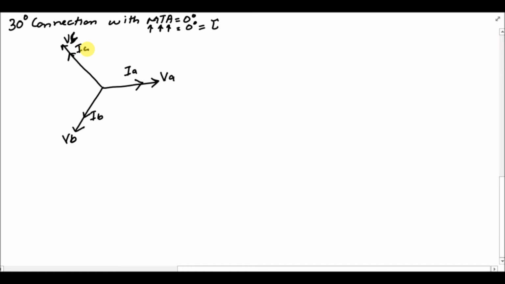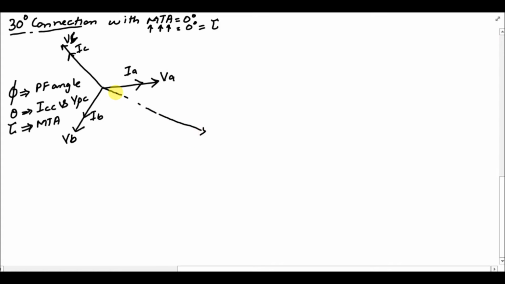For this lecture, I am going to call this phi the power factor angle. Theta is the angle between ICC and VPC, and tau is the maximum torque angle. Now if I am considering the 30-degree connection, I have to first find the VPC value, which should be somewhere here, 30 degrees from ICC, because I'm assuming that a fault is being considered.